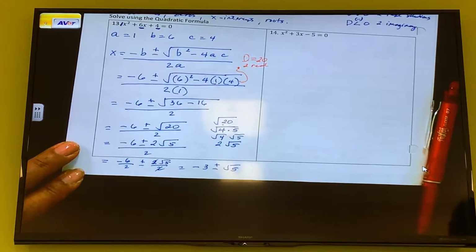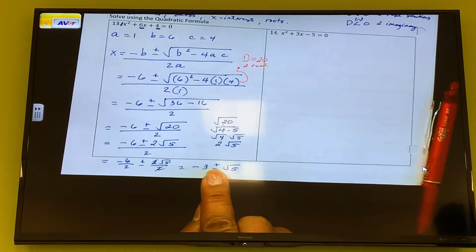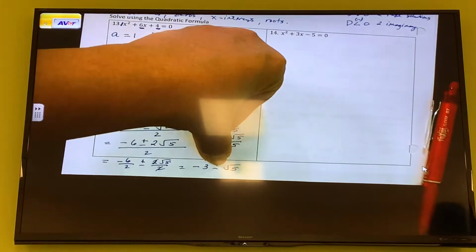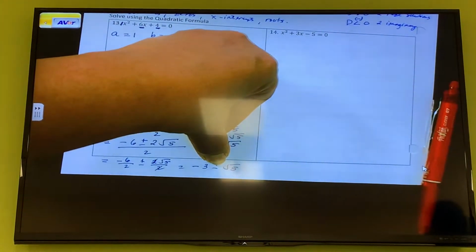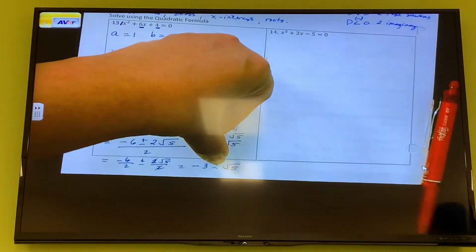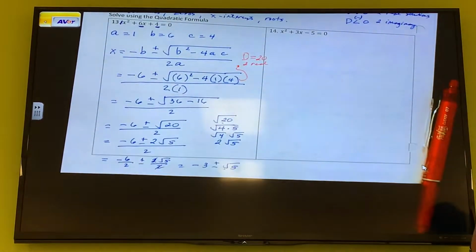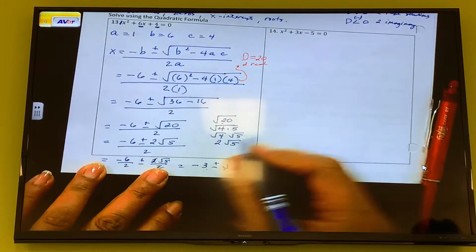What happens to the two real solutions? It's -3 plus. Very good. One of them will be -3 plus square root of 5, and the other one is -3 minus square root of 5. If you are going to graph it, you need to write the decimal answer so that you would know where to put it on the x-axis. Remember, these are your x-intercepts.